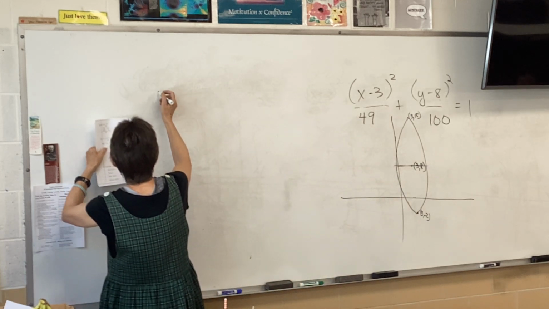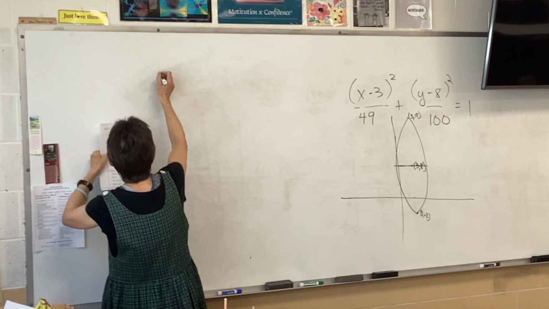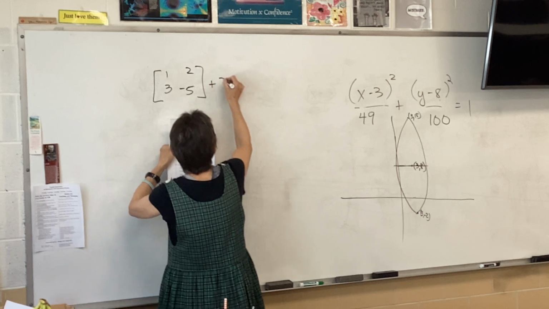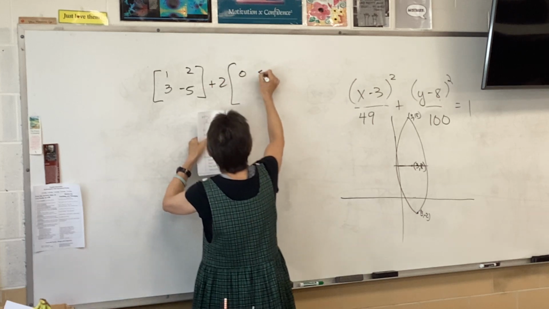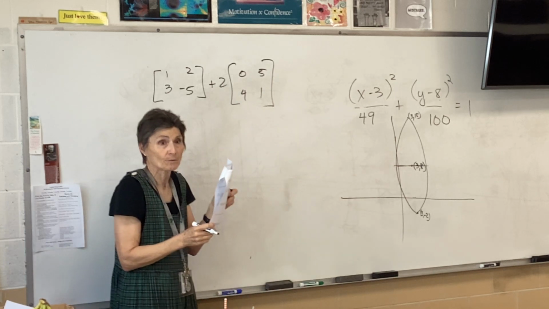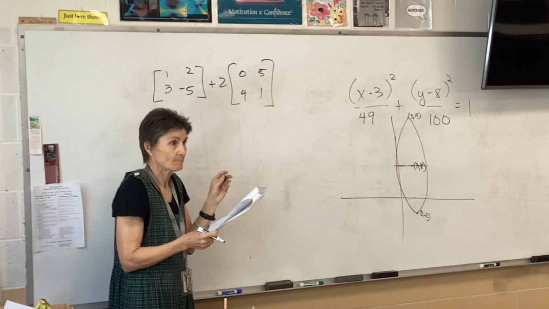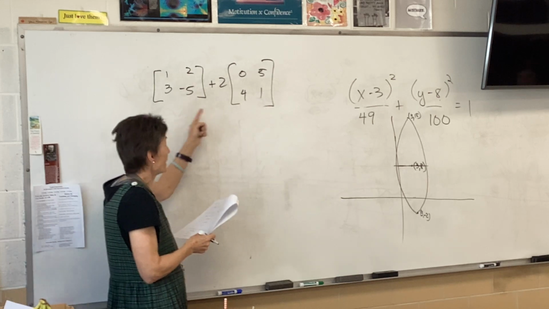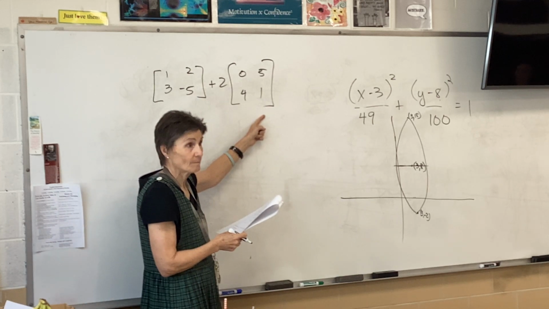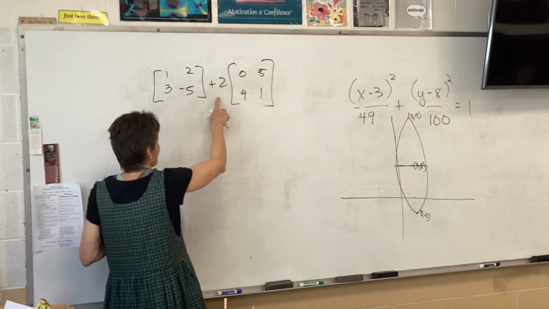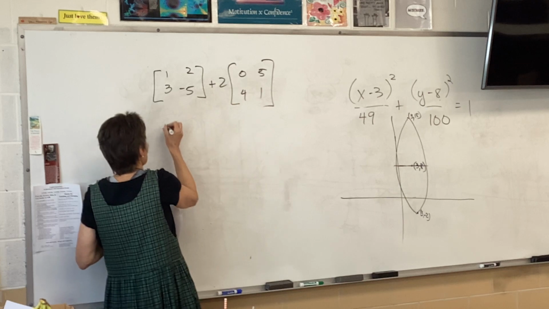So A plus 2B. First of all, I probably should have checked before I wrote it down. Can these be added? Yes, because that's a 2 by 2 and that's a 2 by 2. So they can be added. So first thing I'm going to do is distribute that 2.